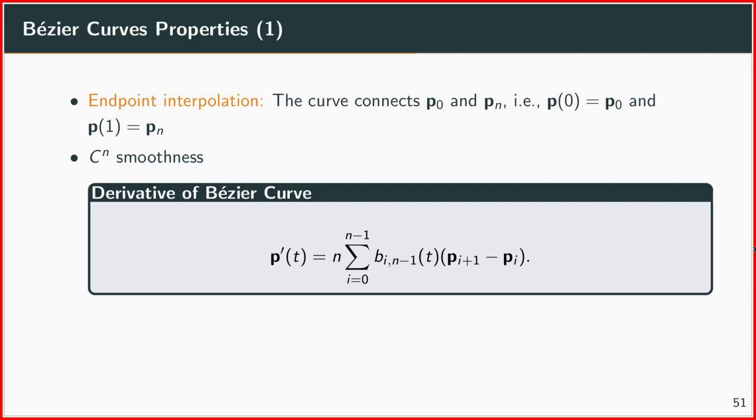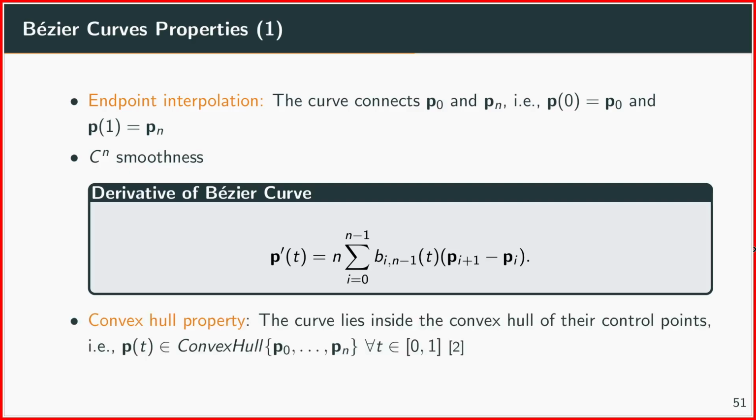And it gives you Cn smoothness. So whatever kind of n you have picked, this also gives you the corresponding smoothness class value.